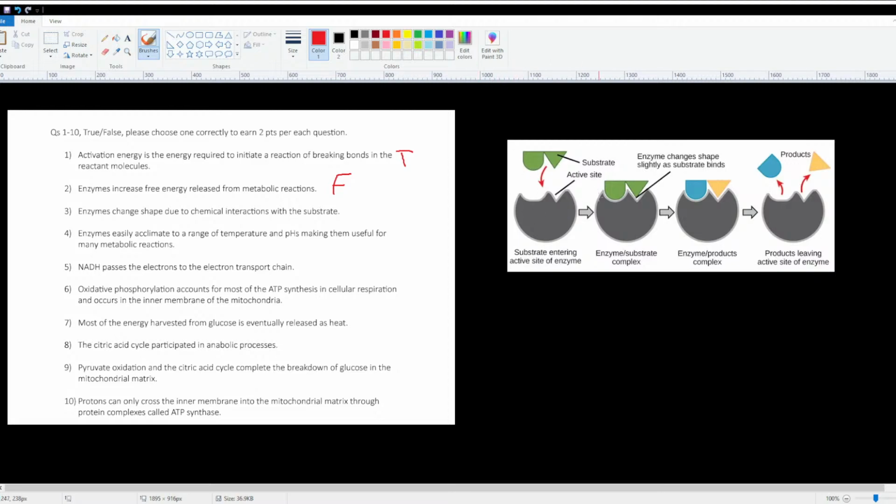Anyway, so look at what's going on here. There's a chemical reaction going on. We're taking this green structure and we're breaking it down into this blue, into this yellow. But look what's happening here. Focus at the active site of the enzyme. The site in which the substrate will actually bind and do chemistry, that is the active site.